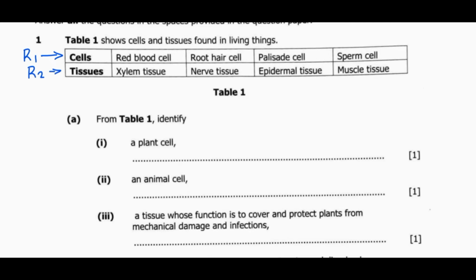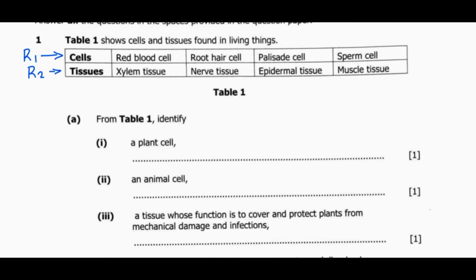This is where the process of photosynthesis is high. Then the sperm cell has to do with reproduction and also carrying of genetic makeup from the parents to the offspring. Then xylem tissue has to do with the transportation of mineral salts and water from the soil to the leaves.